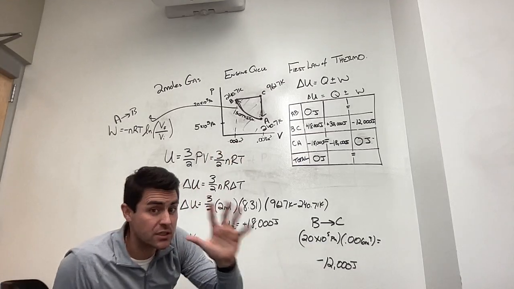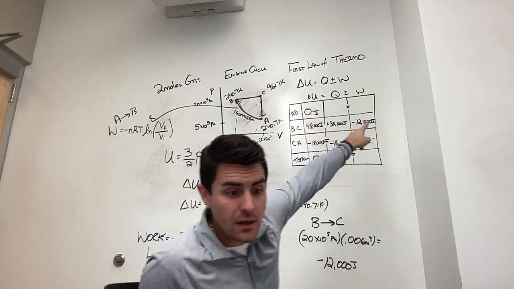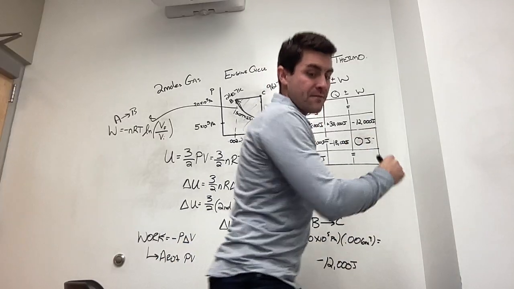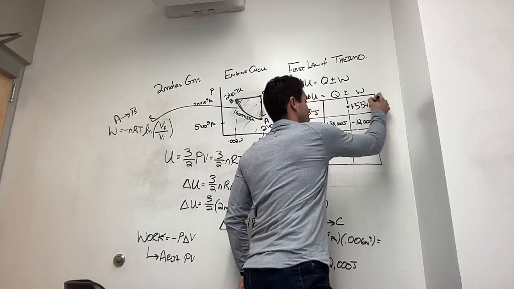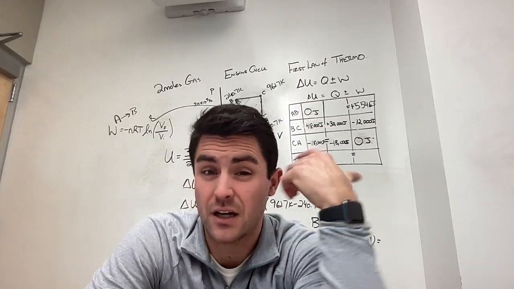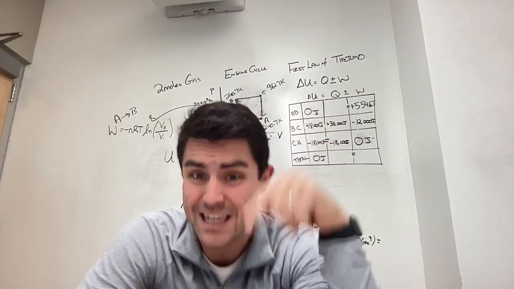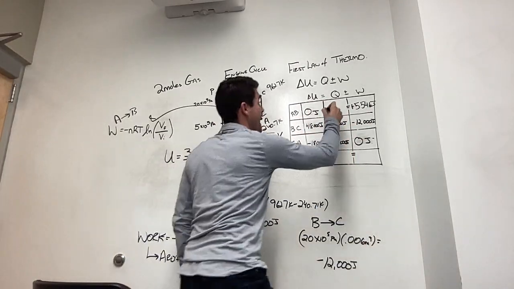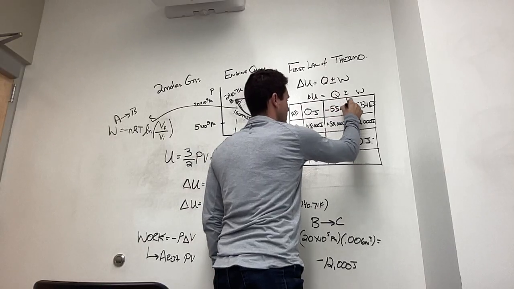If I do this the way I'm supposed to, I end up with the work done being equal to positive 5,546 joules. On the flip side, because I know the internal energy change is 0 since there's no change in temperature, the heat added must be the opposite of that, negative 5,546 joules.